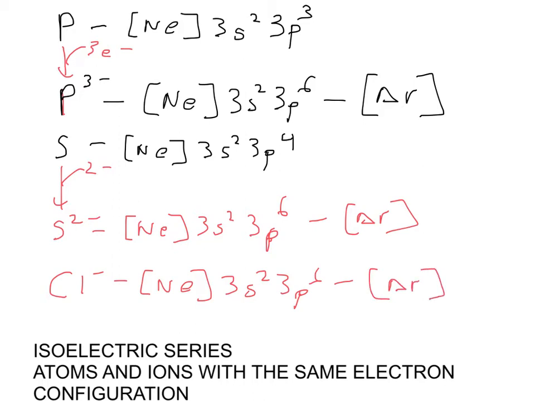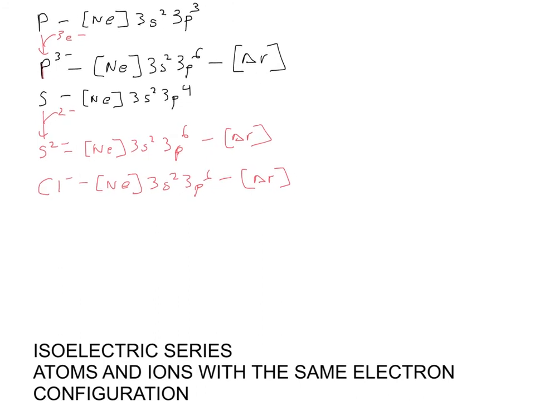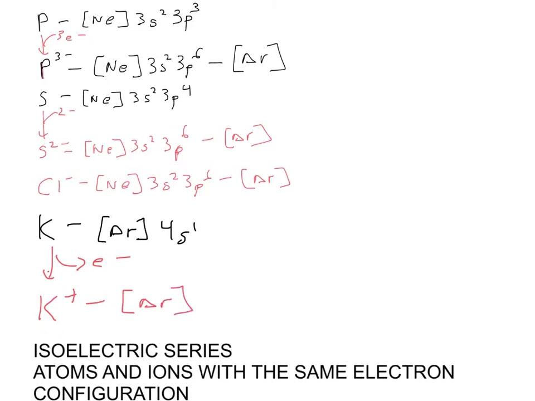But we can keep going. There's even more. This is better than anything you've ever seen on TV. We could take a look at potassium. Potassium is argon 4s1, but when it forms an ion, it loses an electron and also has the same electron configuration as argon.